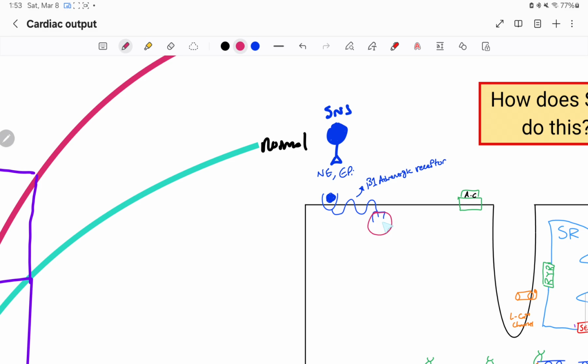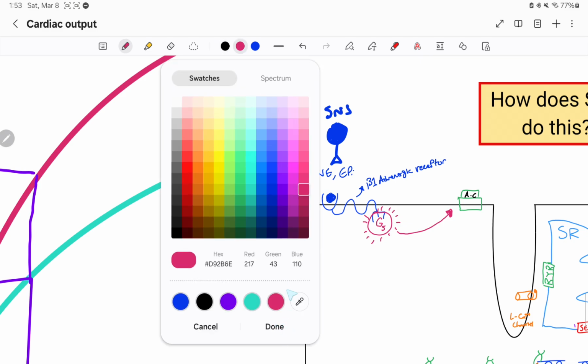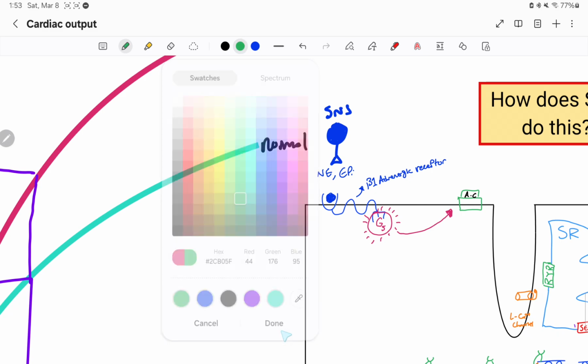The intracellular domain or side of this actual receptor is bound to something called a G protein, specifically a G stimulatory protein. And this G stimulatory protein, as soon as the norepinephrine and epinephrine bind, it will get activated. Once this G stimulatory protein is activated, it'll go and activate a very specific and special enzyme on this actual cell membrane.